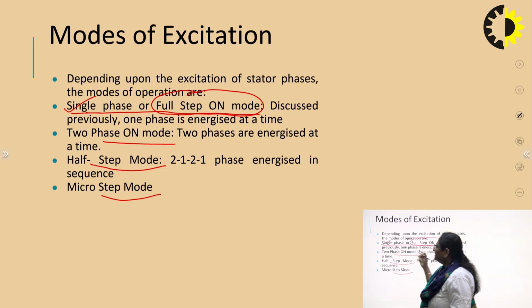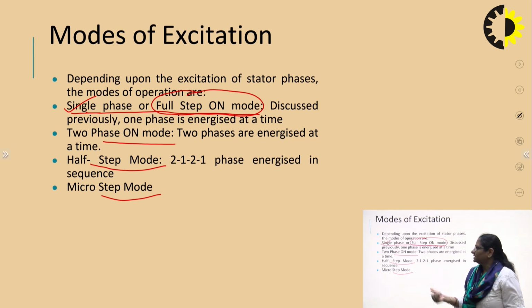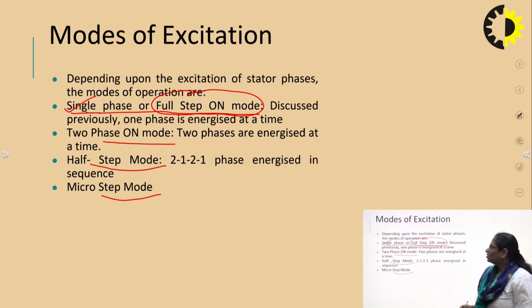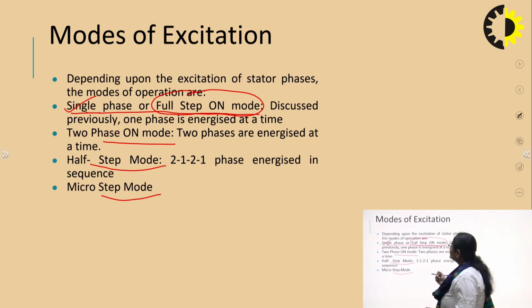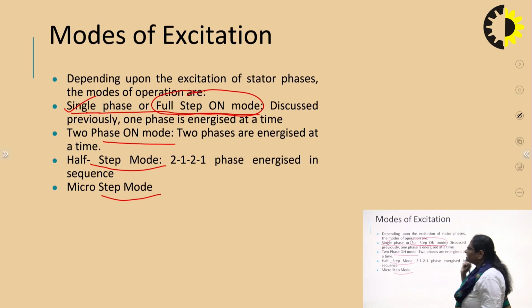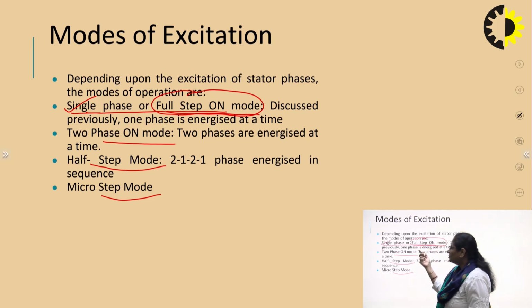As the title itself is suggesting, single phase on mode means that at a time only one phase is energized. So at a time only one phase is carrying current, and the magnetic field is created by that one phase current only. So what we discussed previously as the operation of variable reluctance stepper motor was actually the full step on mode or single phase on mode.